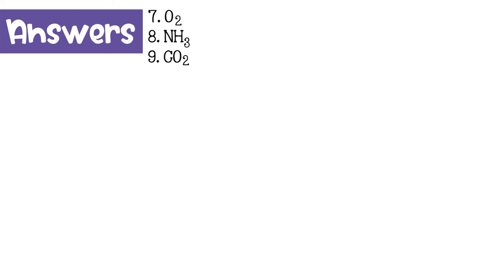First, let's look at O2. Here we have 2 oxygens. Each oxygen has 6 valence electrons. Now, let's do our 2 pairs of electrons and our 2 lone electrons on each oxygen.